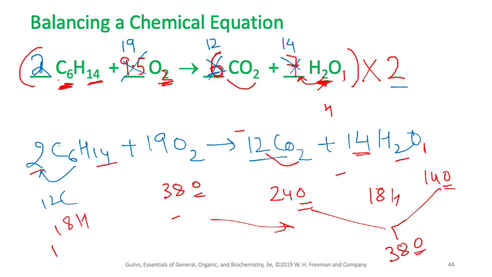So now each and every type of atom is equal on both sides, reactant and product side. So this is a balanced chemical equation now, right? So we always use a decimal part if we cannot get the balancing of a chemical equation with a whole number. This is a kind of trick that you can use to balance the chemical equation.